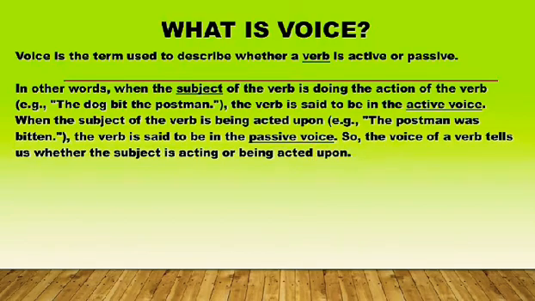When the action is performed by the subject directly, it is referred to as the active voice. And if the action is being acted upon the subject, then it is known as the passive voice.